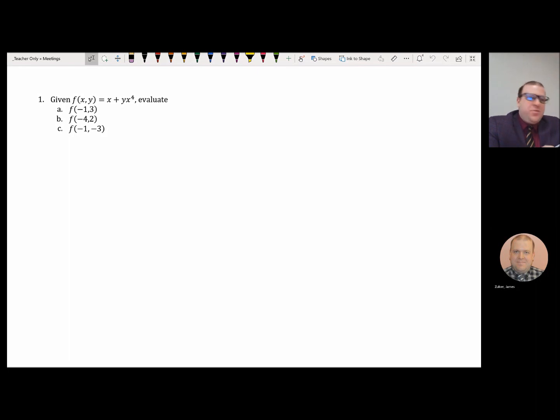For f of (-1, 3), since it's a function of x, y, replace x with -1, replace y with 3. And that's f of (-1, 3). Right, so we have -1 plus 3, which is just 2.